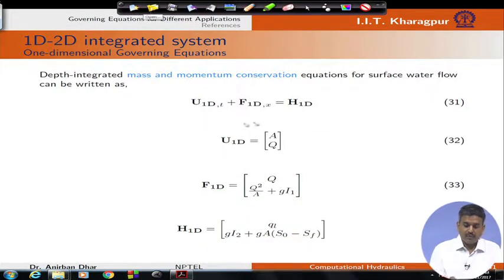In combined or short form, we can write this governing equation, and this comma t represents the derivative with respect to t, and comma x is the derivative with respect to x.